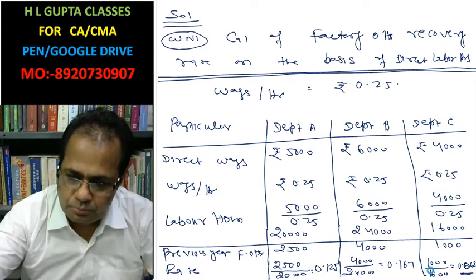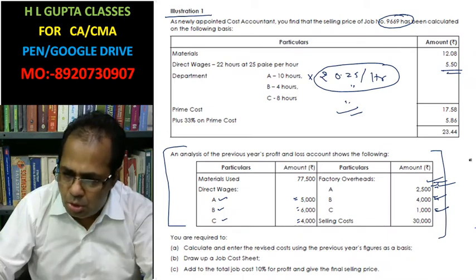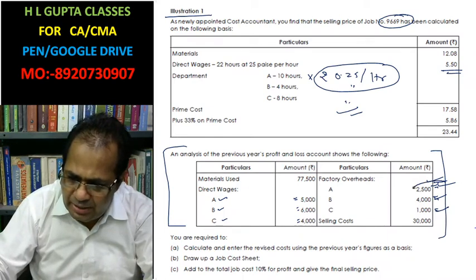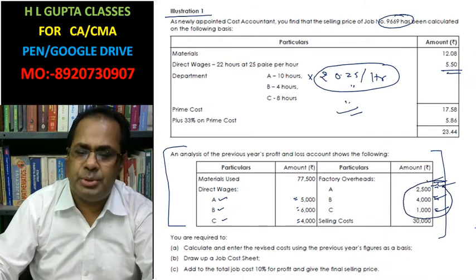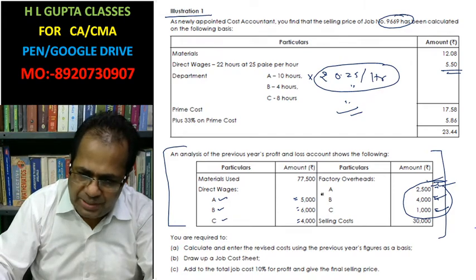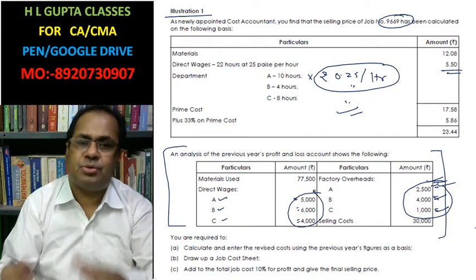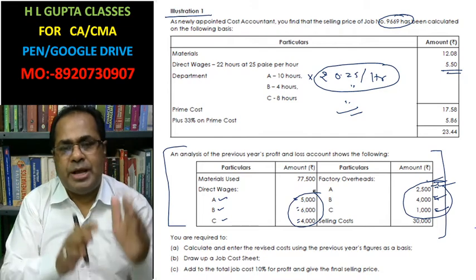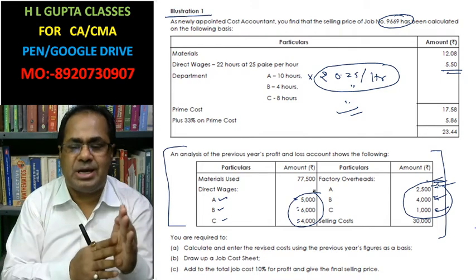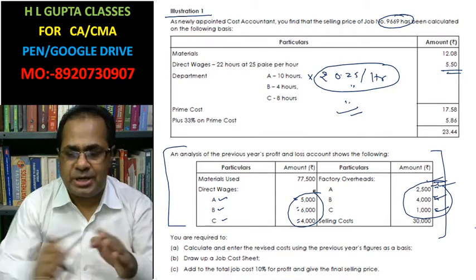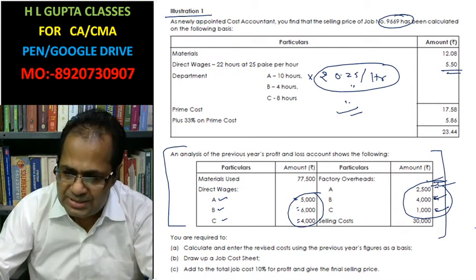Okay. Now in this question, on the basis of the given factory overhead of the previous year and on the basis of labor wages, we have calculated labor hours, and the factory overhead rate is calculated on the basis of labor hour.